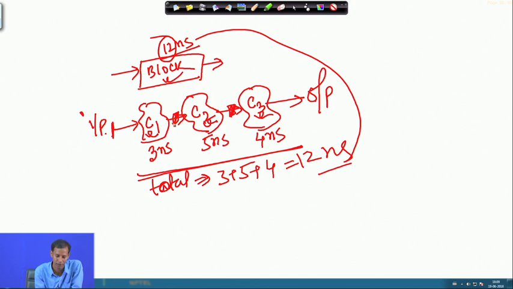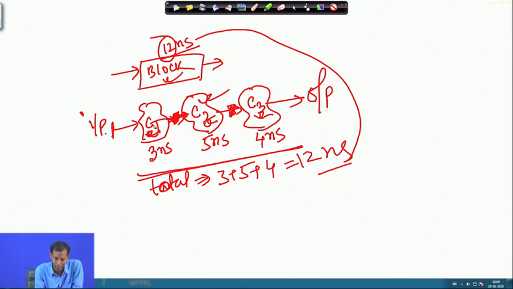There is a data dependency, but the register will hold the value for one clock. Once C1 is done, the value is stored in the register. The previous value of C1 is now processed in C2, and then again a register holds the corresponding value, and C3 will consider the previously held value of C2.